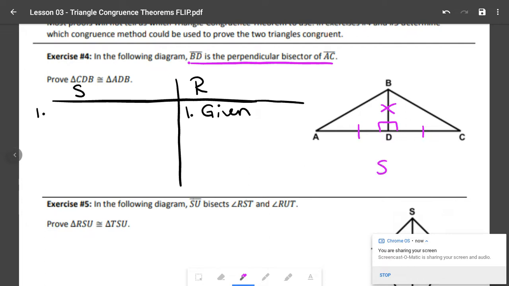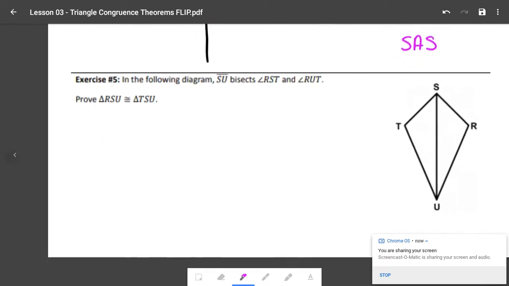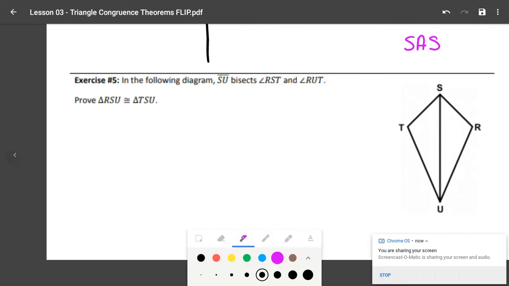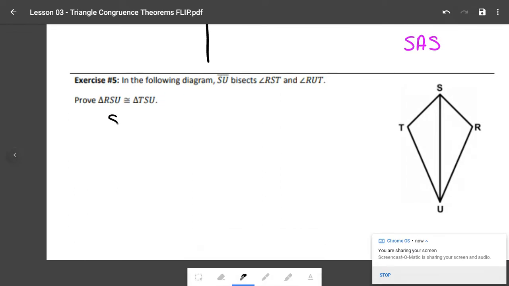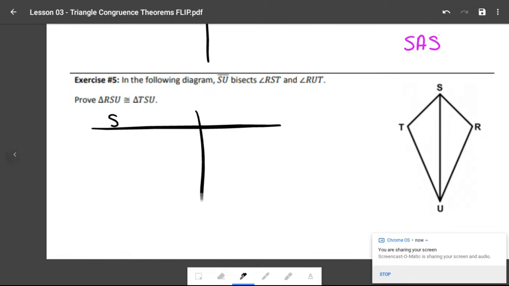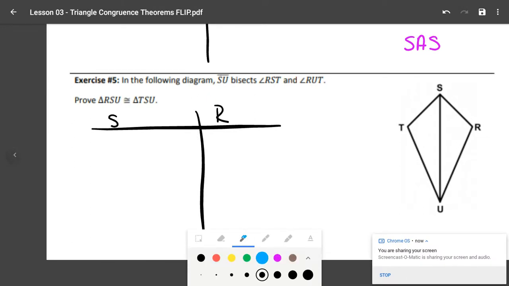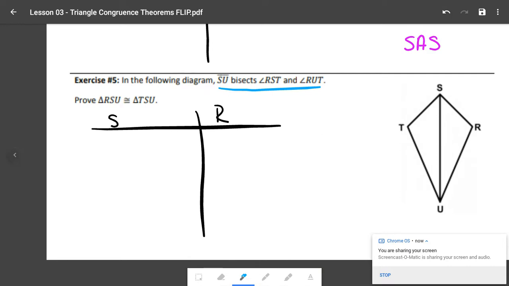That's going to be a side angle side proof. If I look down to the bottom and skip ahead, if I look at my statement and my reason, if I set that up again, this time the big idea is that they bisect the angles. So I'd have these congruent and these. With the reflexive, I'd say angle, side, angle.